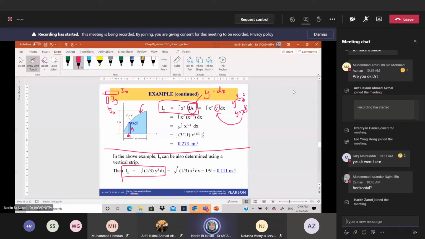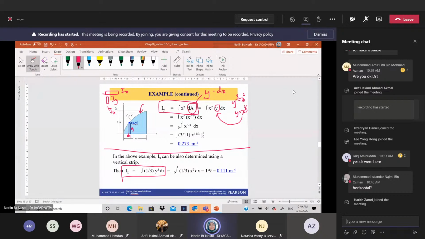There's another trick. It is much easier if you choose horizontal for Ix and vertical for Iy. But I would like to tell you another trick. If you just choose one shape, you can find Iy and Ix, but the formula is different for Ix. For Ix you have to use this formula, 1 over 3 y to the power of 3 dx.